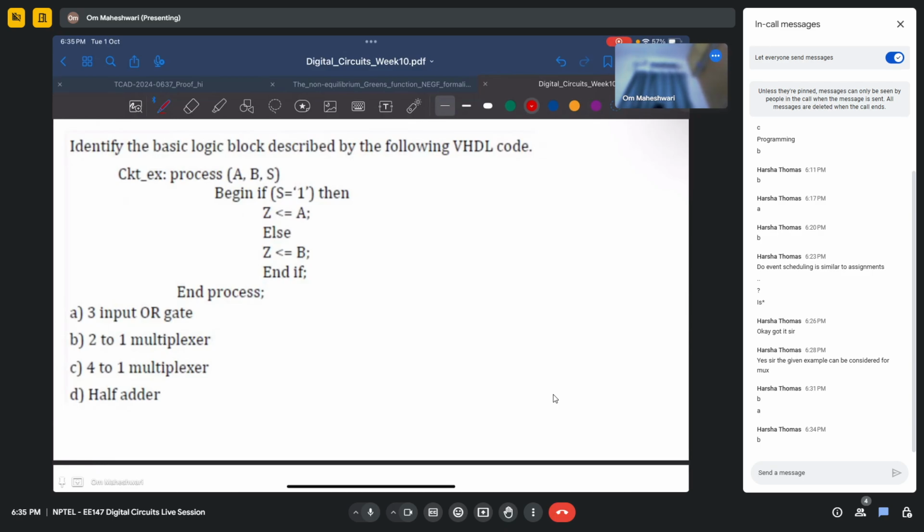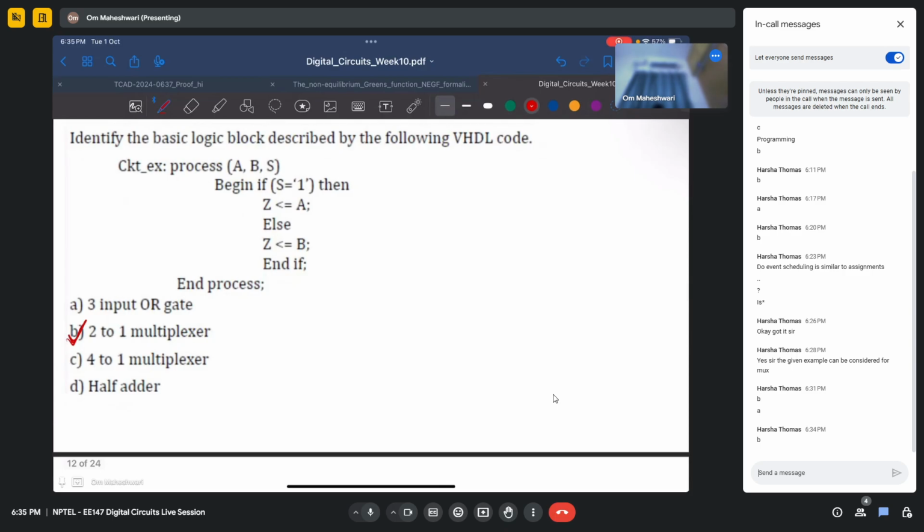Basically, in a process you are monitoring A, B and S. So you have inputs A, B and S. Your output is Z. When S is 1, Z is A. When S is 0, Z is B. So it is a 2 cross 1 mux.